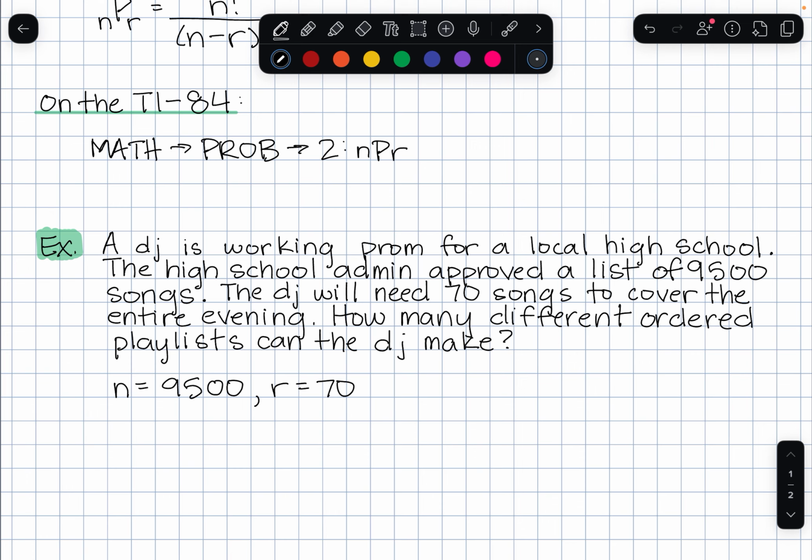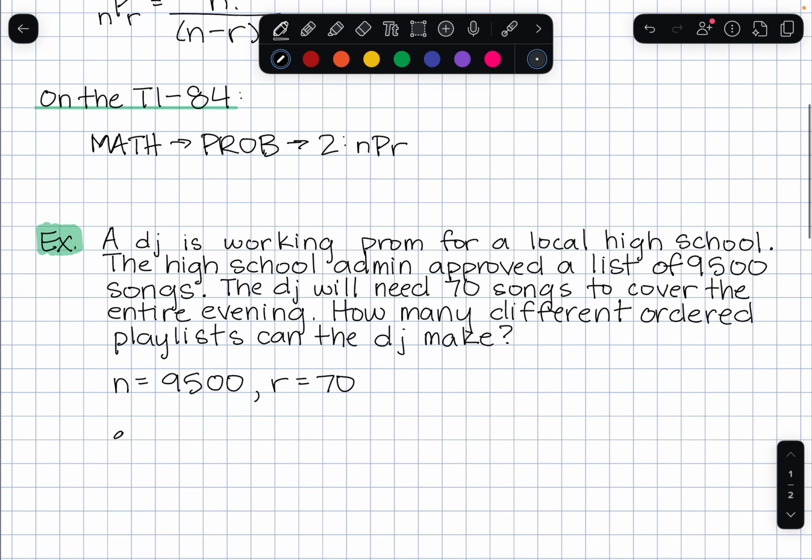So to decide how many different arrangements or playlists this DJ can make, we want to do nPr, so 9,500 P 70. And we know how to set that up. That's going to be on top, 9,500 factorial, on bottom, 70 factorial.